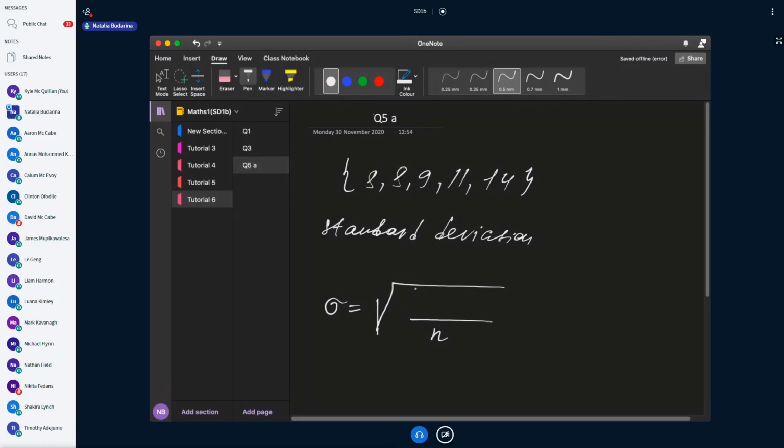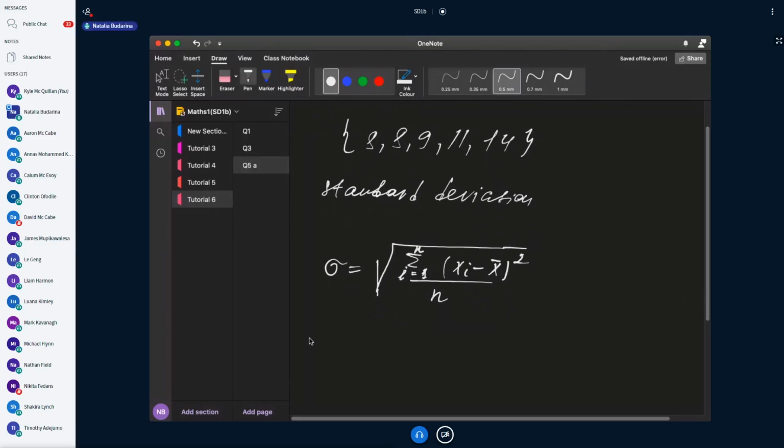In the numerator, we have the sum for i from 1 to n of (xi minus x bar) squared, minus the mean. Sometimes x bar is used for the sample. I don't know which notation David uses for the population. It's usually mu.